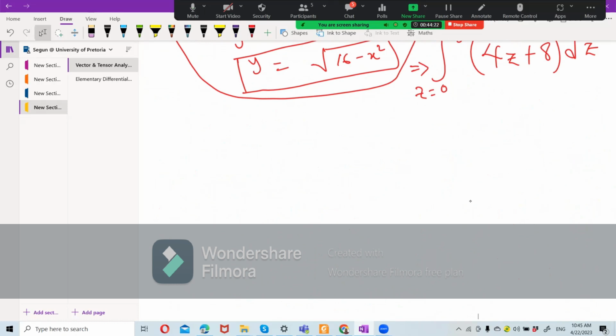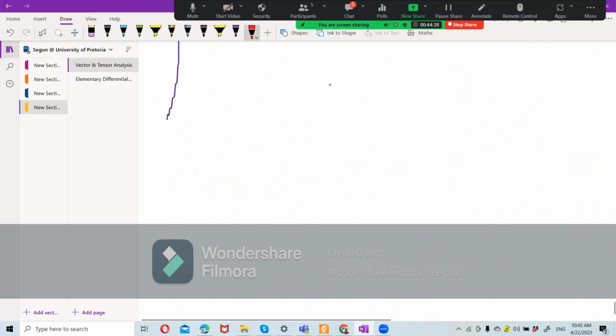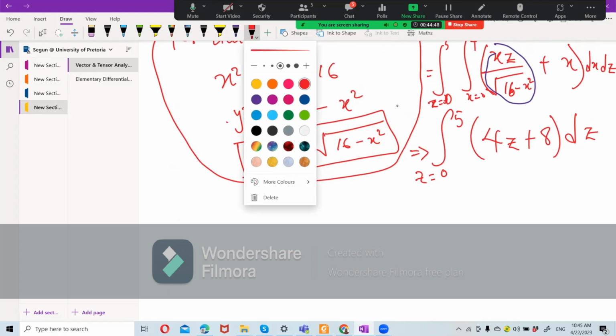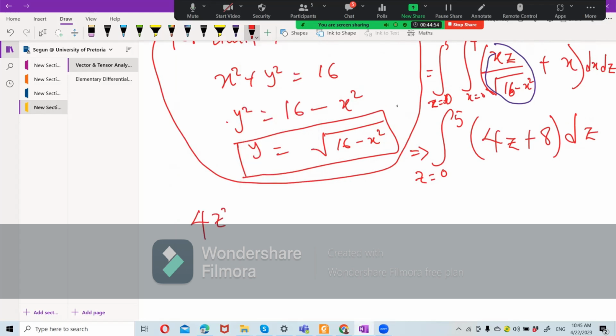While we proceed, we have the integral of 4z plus 8. If you integrate this one, what do you have, please? Anybody? You have 4z squared over 2 plus 8z, 0 to 5.